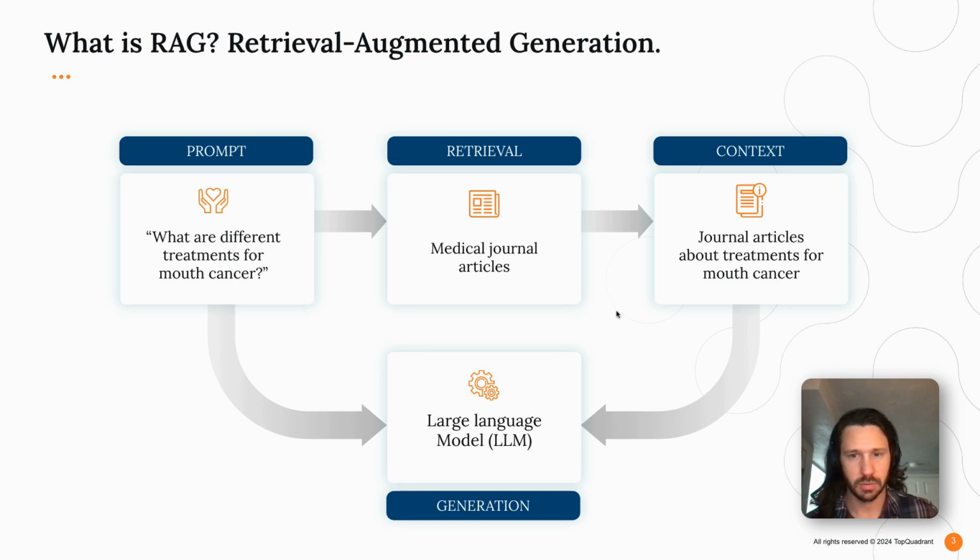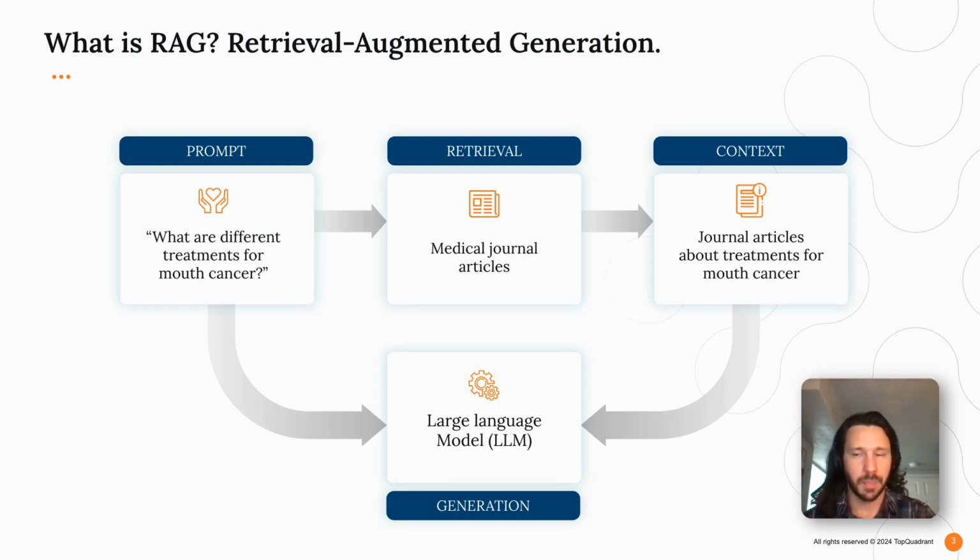So first of all, what is GraphRAG? Well, it's RAG with a graph. So what is RAG? RAG is retrieval augmented generation. What it means is instead of sending your prompt directly to an LLM, so in this case, and this is the example we'll use throughout this presentation and the demo, instead of sending "what are the different treatments for mouth cancer" directly to the large language model, say it's ChatGPT, you can ask ChatGPT that question directly and get probably a pretty good response.